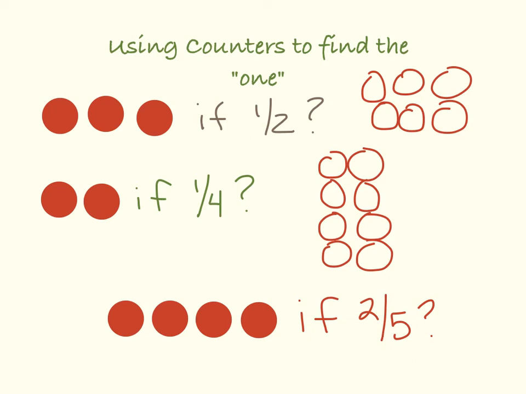And then we could continually add 1/5 until we got to 5/5. Or we could do another 2/5, which would give us 8. And then what's going to make our 5/5? See if you can figure that one out. Go ahead and put that in your notes.